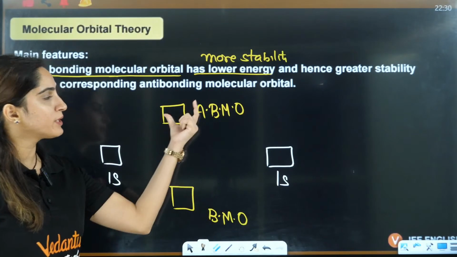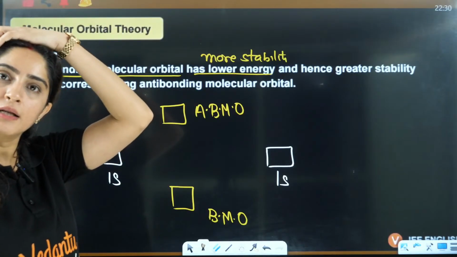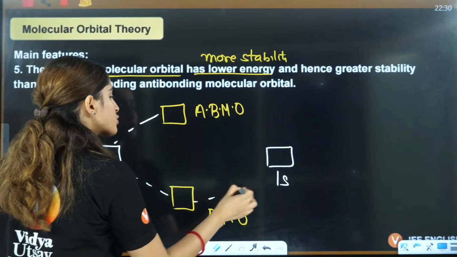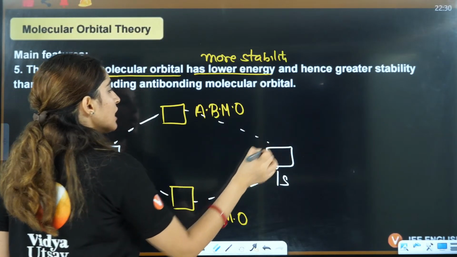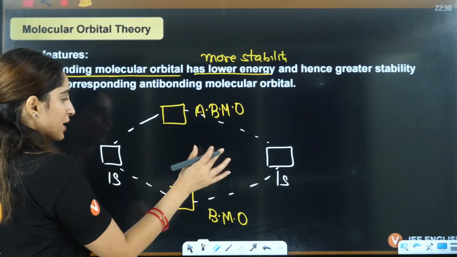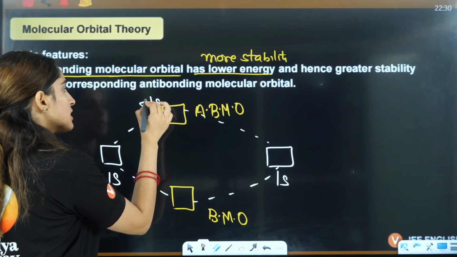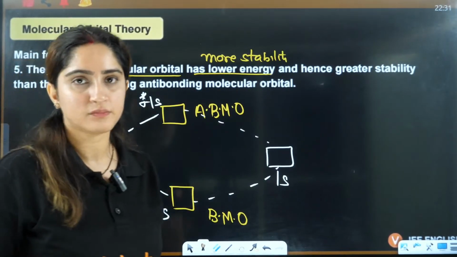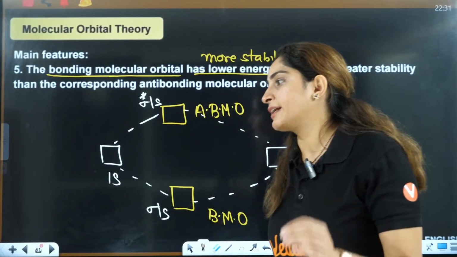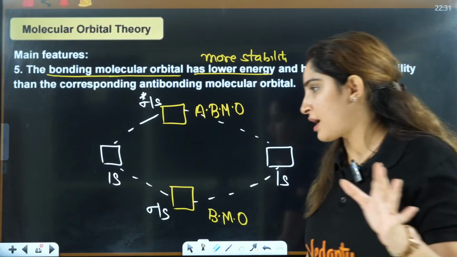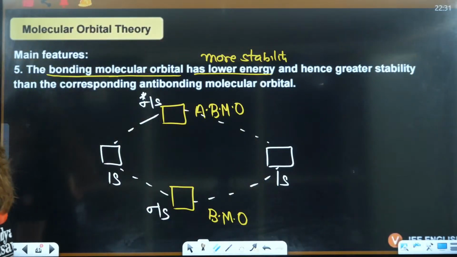Bonding molecular orbital, anti-bonding molecular orbital. Right? So, this bonding molecular orbital is always lower in energy, higher in stability. Anti-bonding, for example, this is 1s, 1s, so this will be sigma star 1s, and this will be sigma 1s. In anti-bonding, it is represented by this star. Bonding, there is no star. Okay? Right?